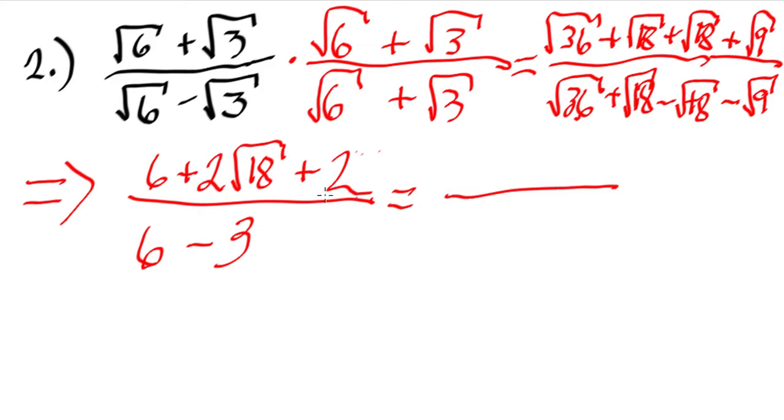Square root of 9 is 3. Oops, sorry, my bad. So the numerator is 6 plus 3, which is 9 instead of 8, plus 2 square root of 18. The denominator is 6 minus 3, which gives us 3.